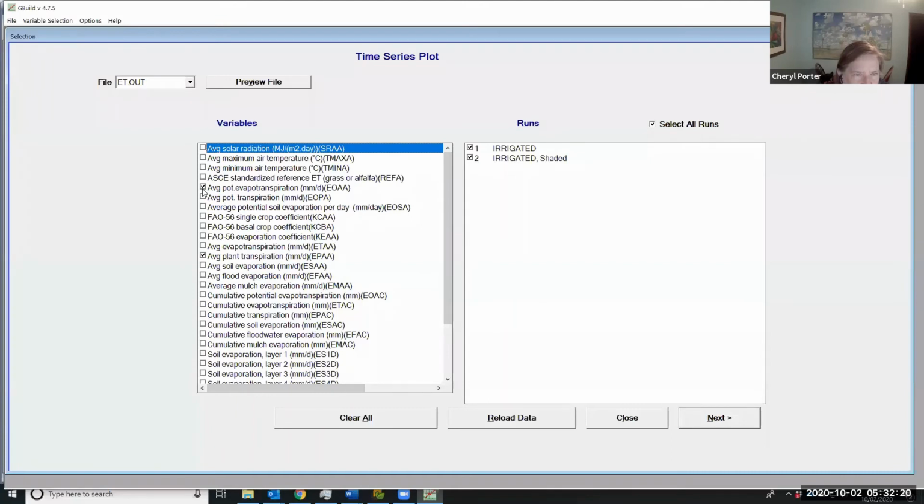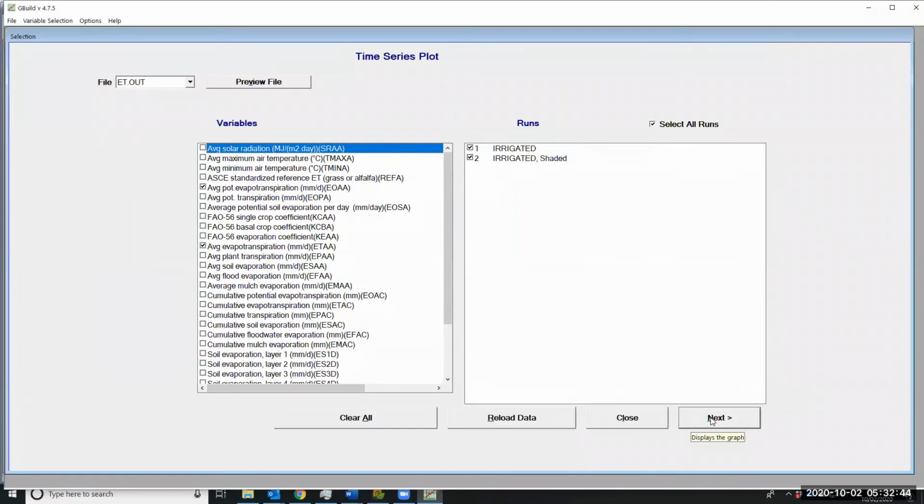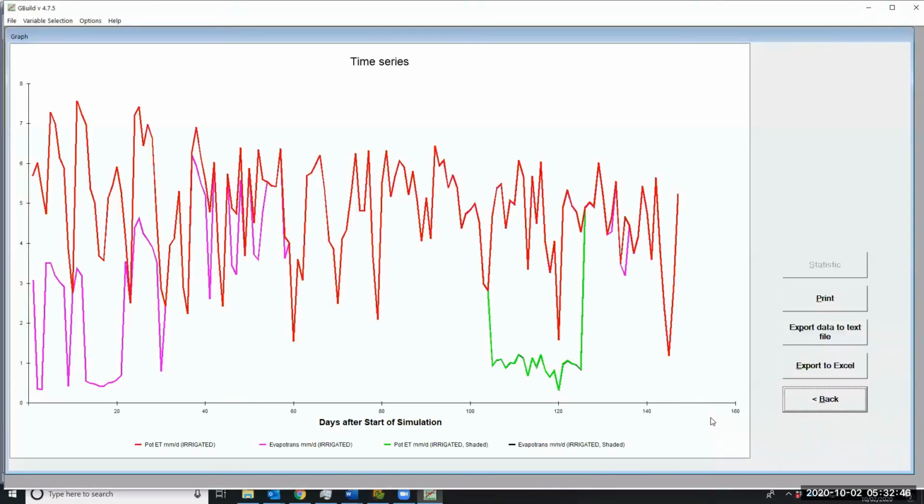Okay, so Garrett, you wanted to look at potential evapotranspiration? Yeah. Геррит хотел сравнить это с потенциальной эвапотранспирацией. And maybe actual too. И, может быть, даже с реальной. Okay, so we've got potential and actual evapotranspiration.